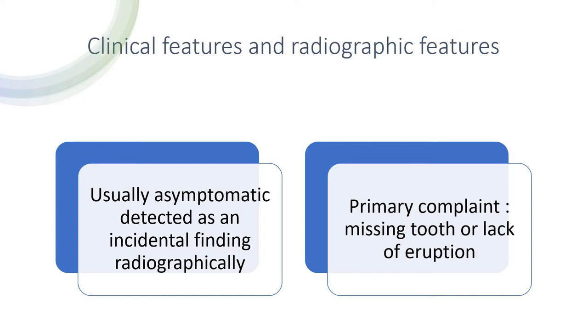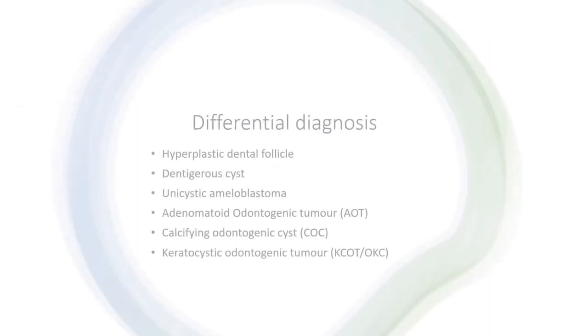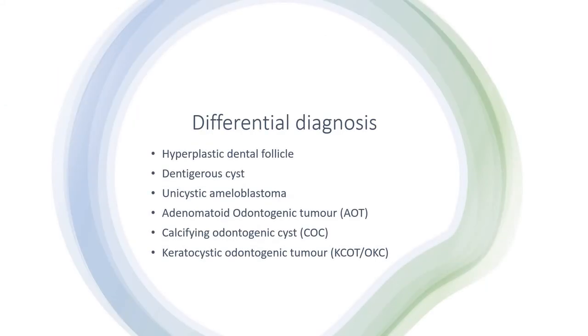Alright. So what are your common differential diagnoses? Usually, the most common differential diagnoses are hypoplastic follicular space, dentigerous cyst, unicystic ameloblastoma, adenomatoid odontogenic tumor, calcifying odontogenic cyst, and keratocystic odontogenic tumor. Alright, so how do these present clinically? What are the clinical features?